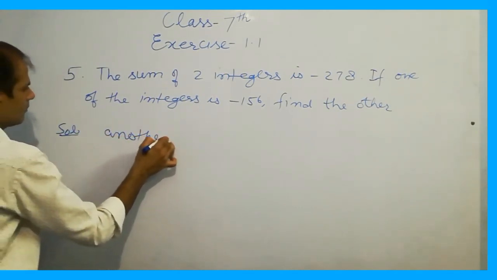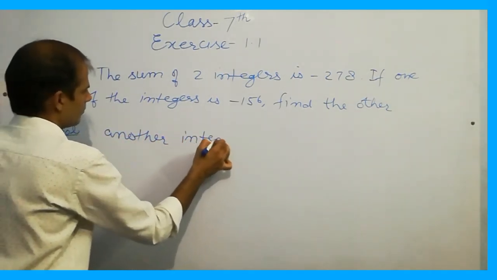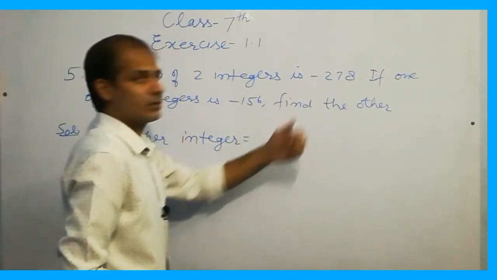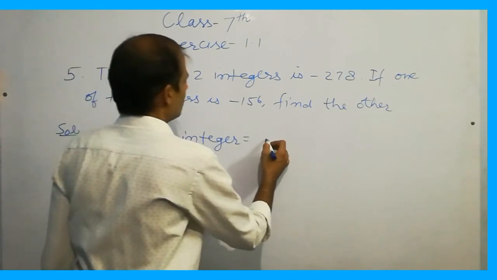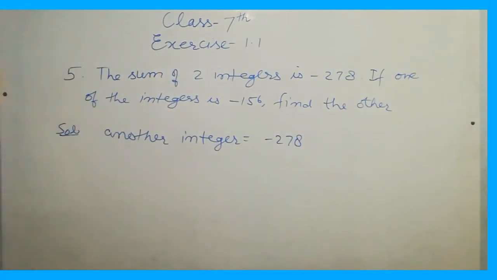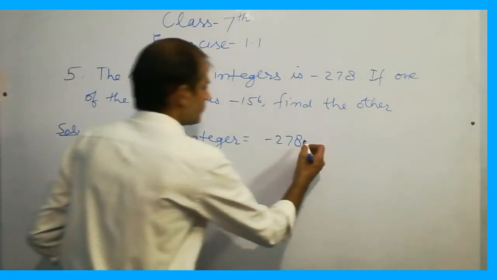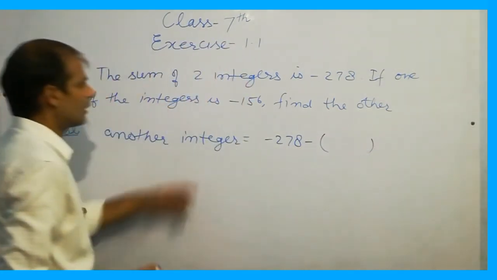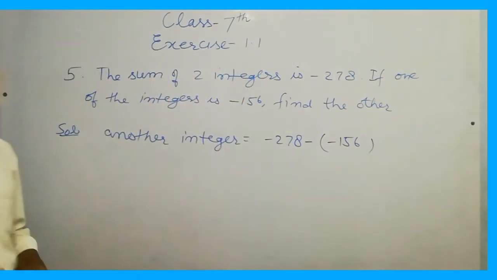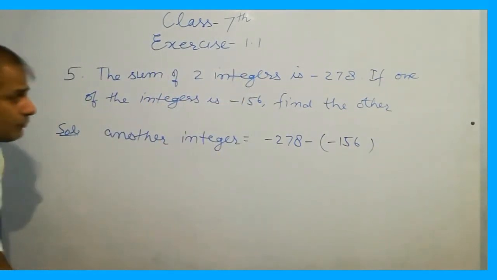In the same way, for the other integer, first you will write the sum. So the sum is -278 and you will subtract the number which you know, that is -156. Now here you should be very careful. What we have to do here: this is the sum of two numbers, we will write this first, then we will use the sign of subtraction. Okay, be careful.